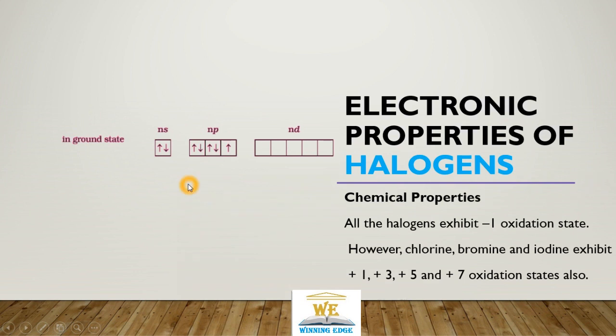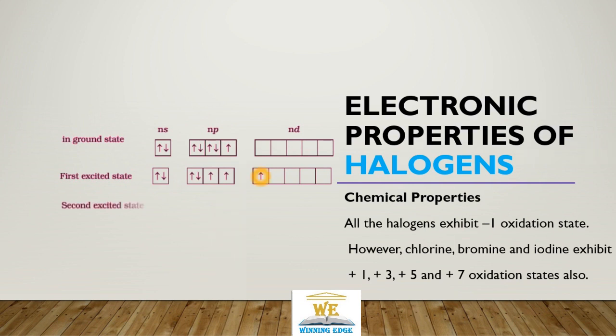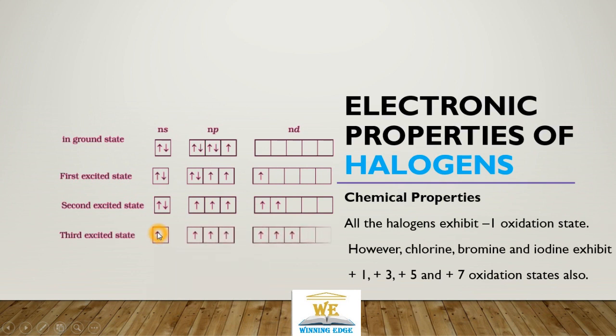In the ground state, in the first excited state, we have unpairing of one electron that moves to a d orbital. In the second excited state, another electron from the np orbital moves to a d orbital. In the third excited state, we have all unpaired electrons.